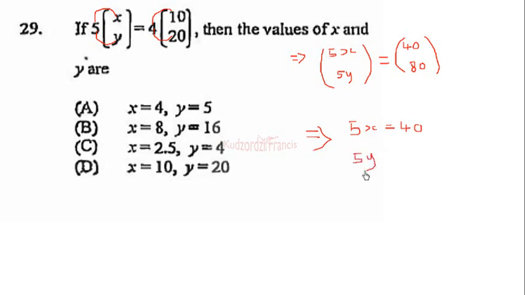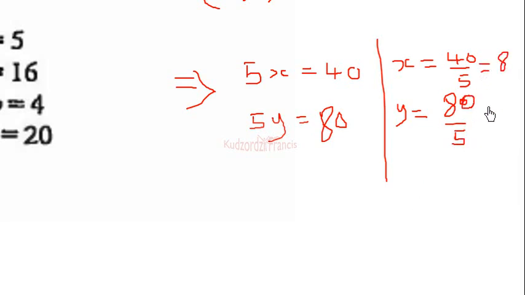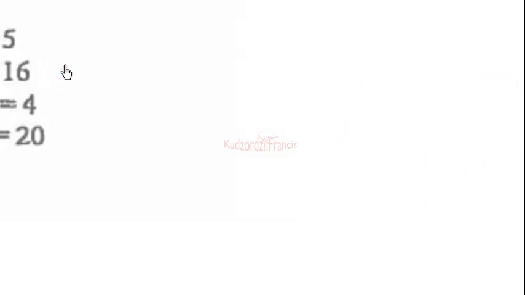So we get 5x equal 40, then 5y equal 80. So dividing through by 5, we get x equal 40 over 5, then we also have y equal 80 over 5. This is 16. So we simplify further to get x equal 8 and y equals 16. So we got our answer now.